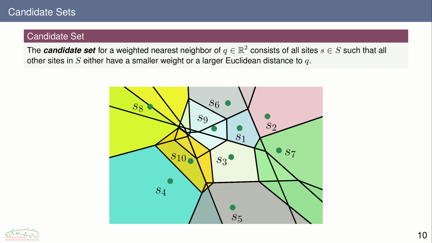An important concept of our theoretical considerations is the so-called candidate set of a point in the plane.